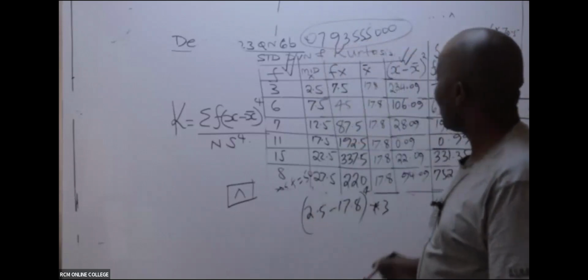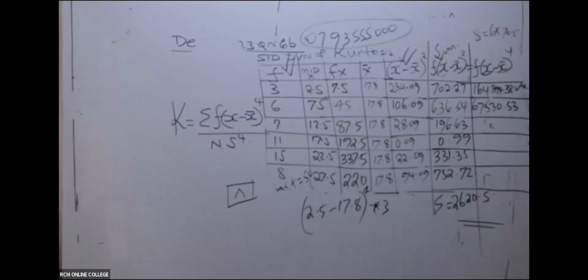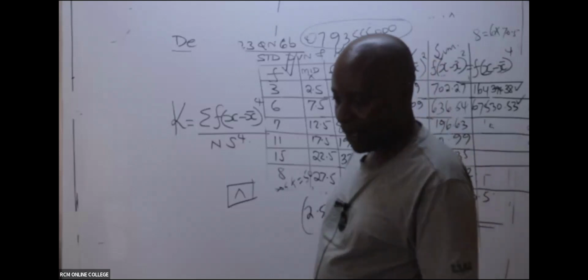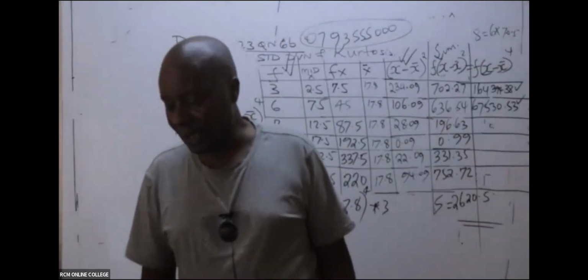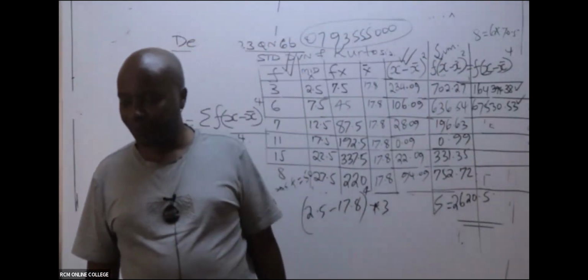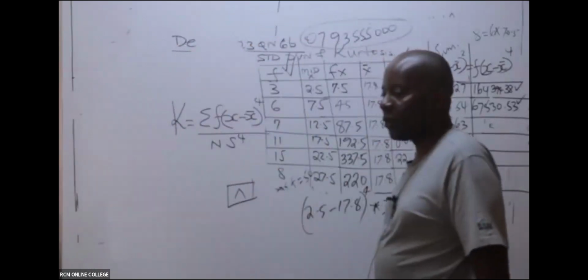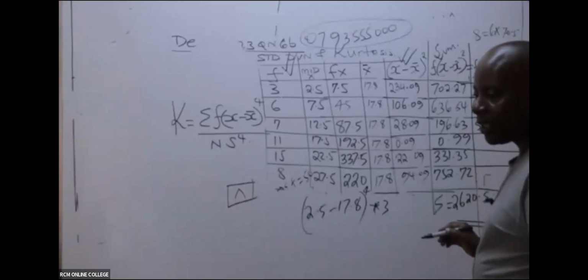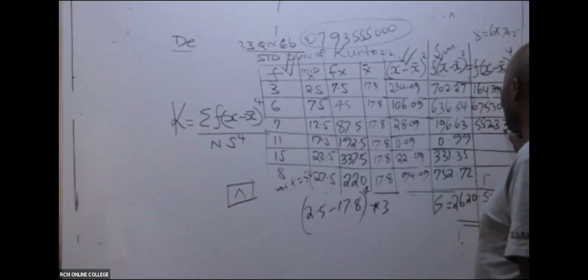Thank you so much. Now we go to the third figure. What do we have? In this case, this number times this number, this number times this number, this number times this number. 5523.33, 5523.3433, one and the same thing.